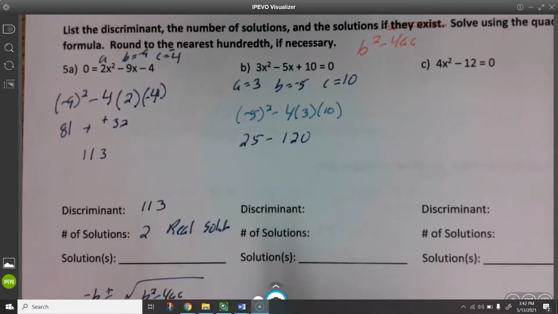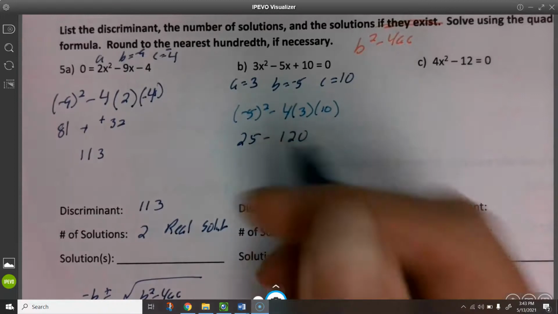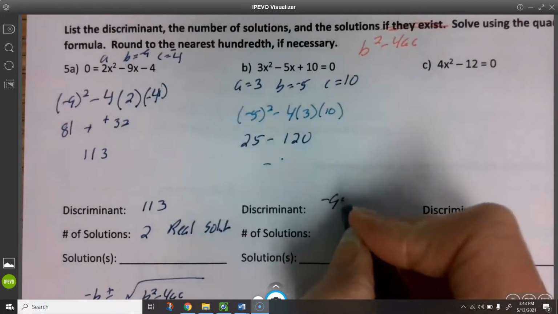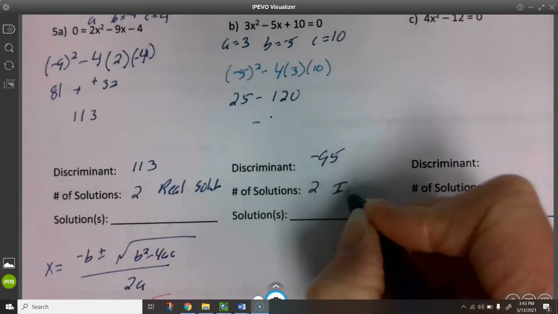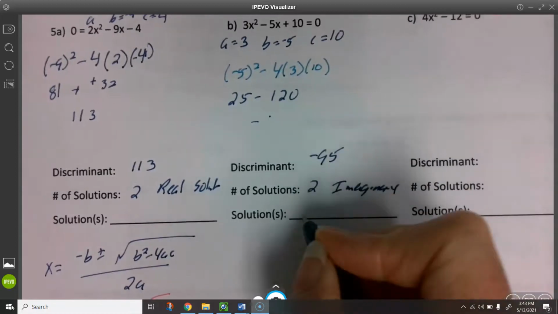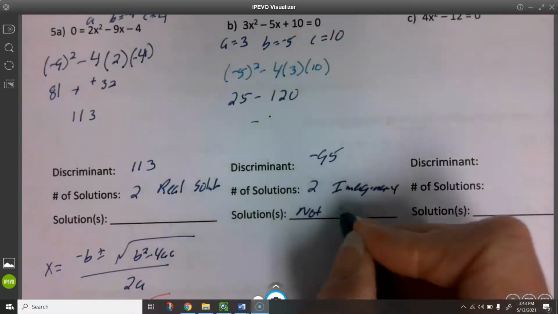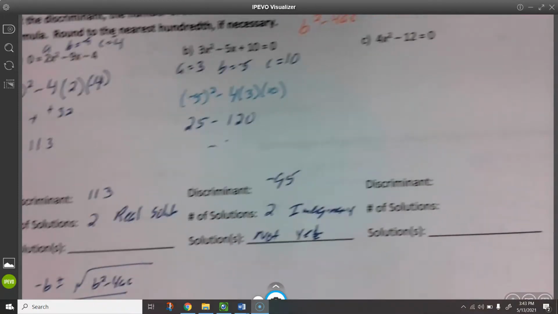It doesn't even matter what it is. But they're asking for it. So 120 minus 25, we get negative 95. That's our discriminant. So number of solutions? 2, imaginary. Solutions? Not yet. We haven't learned it yet. Okay?